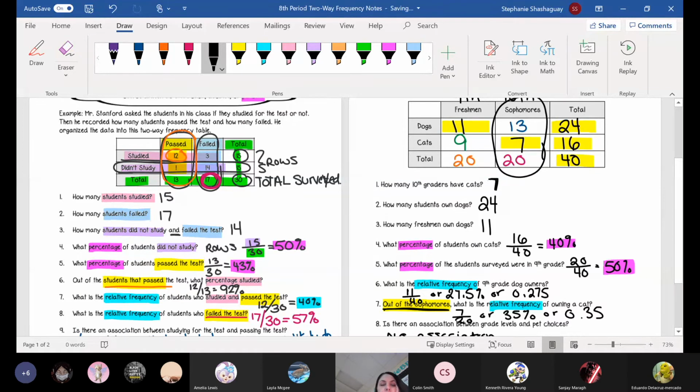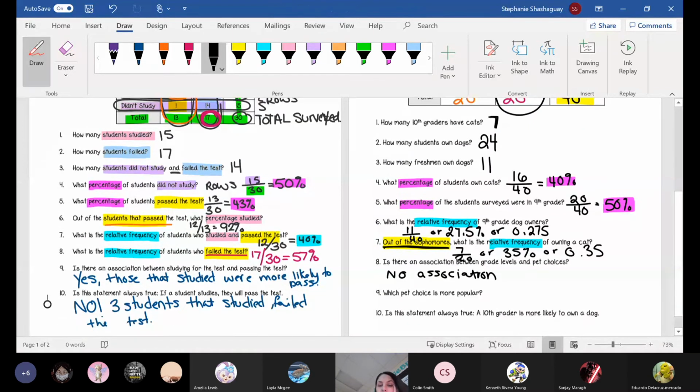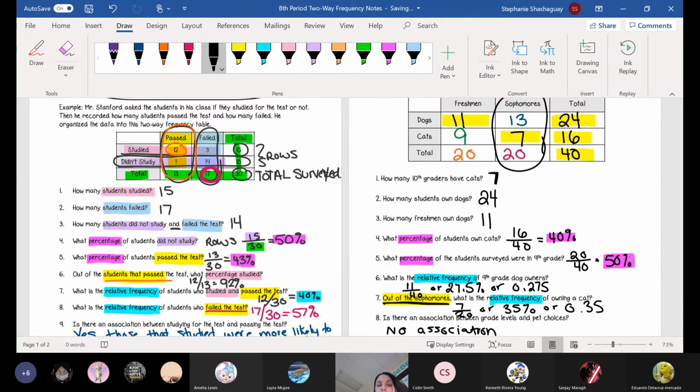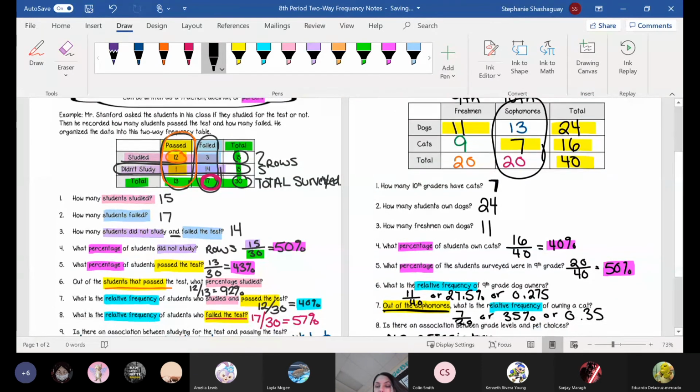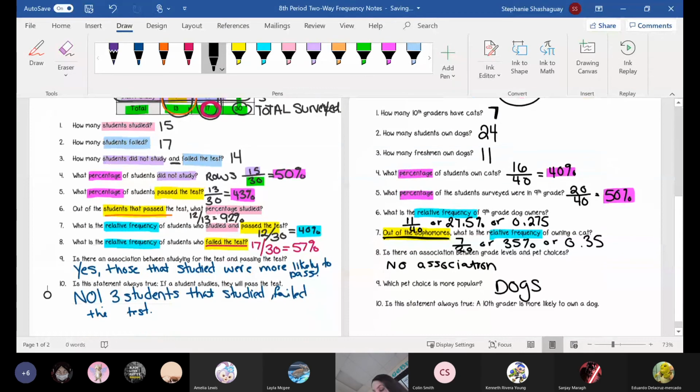Dogs. Is this statement always true? A 10th grader is more likely to own a dog. No. Not necessarily. There is not a strong association or correlation, so not necessarily.